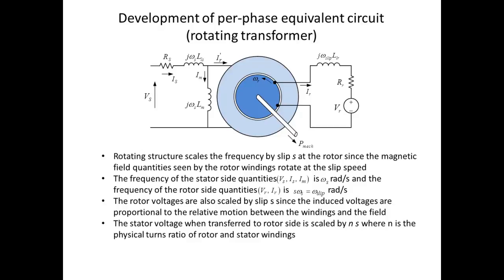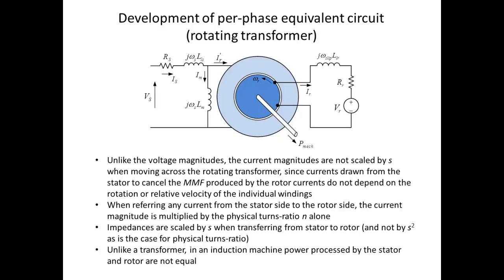But that is not quite correct because of the current relationship. In particular, the stator current is not ns times the rotor current. So unlike the voltage magnitudes, the current magnitudes are not scaled by the slip value s.